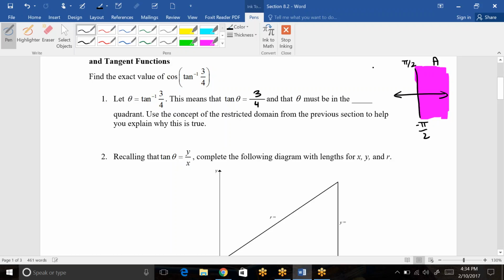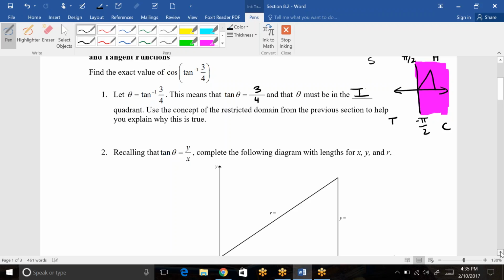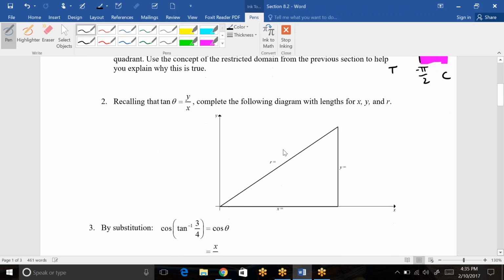So remember, all science teachers are crazy. Tangent is positive in quadrant 3 and quadrant 1. So since this is a positive ratio, that means we have to be in quad 1. I said quad 1 and wrote 3. So quad 1.